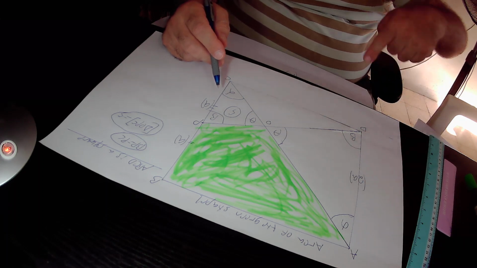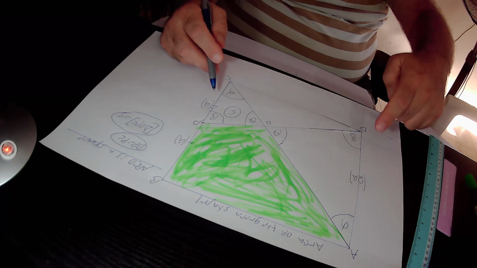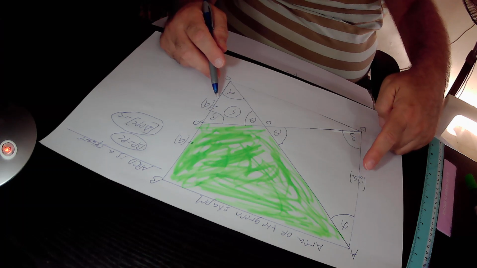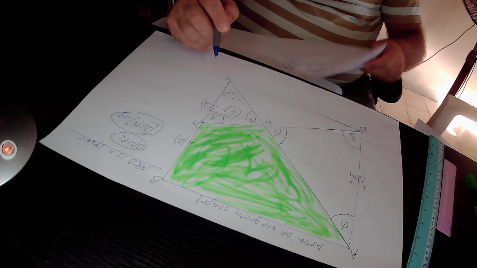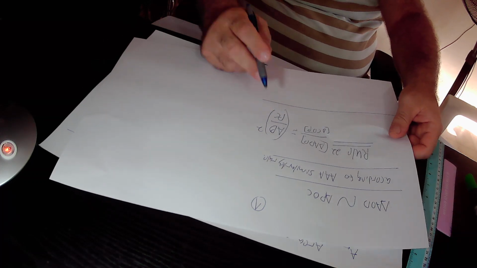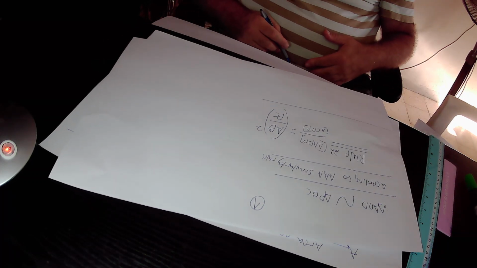Here side AD is the corresponding side of side PC, and the square of the ratio of those two corresponding sides is AD over PC squared. Okay?